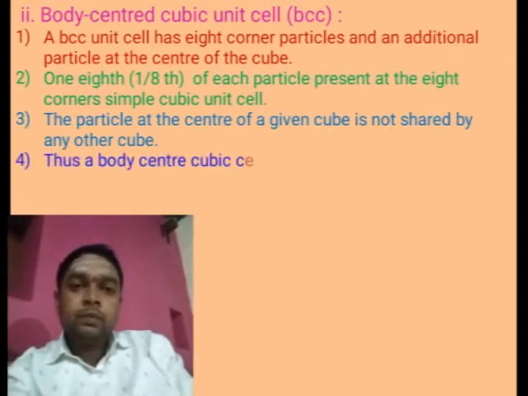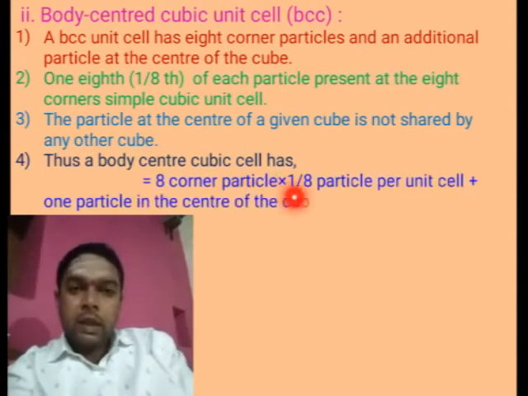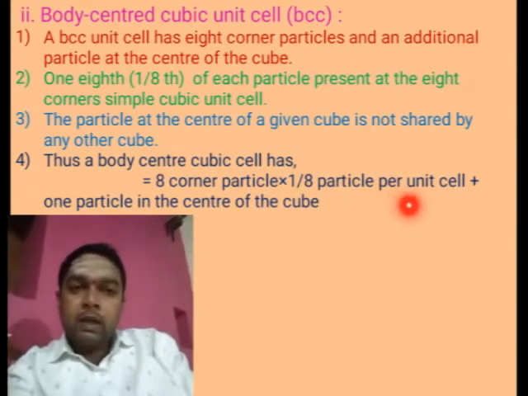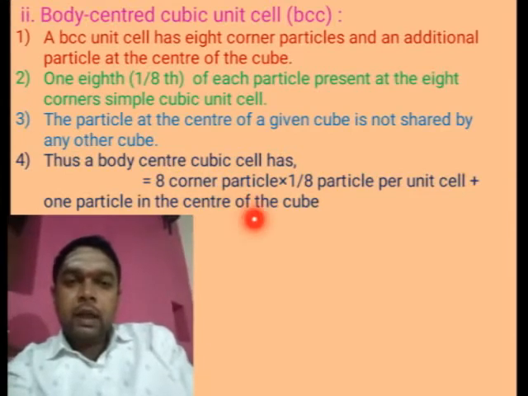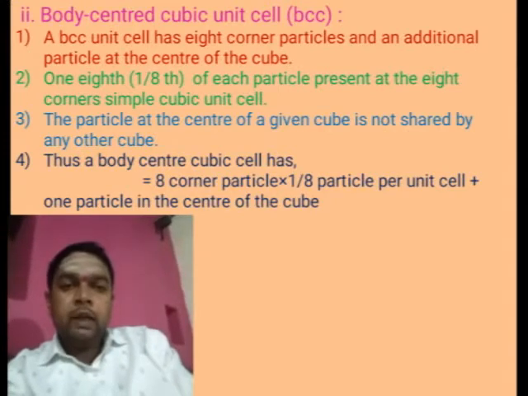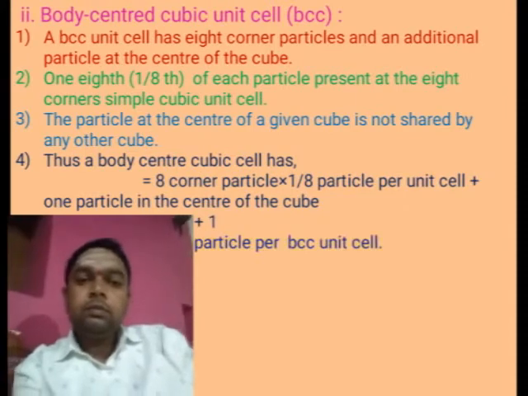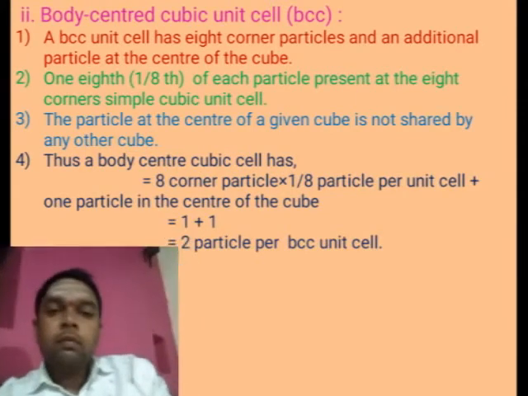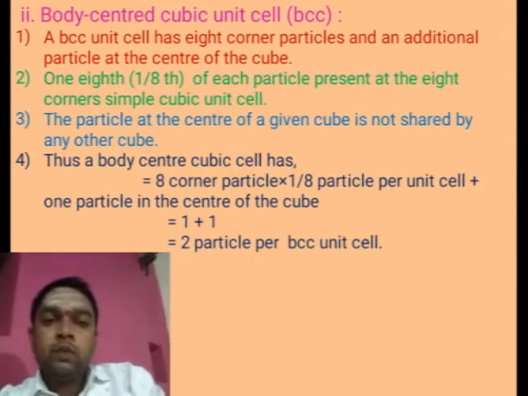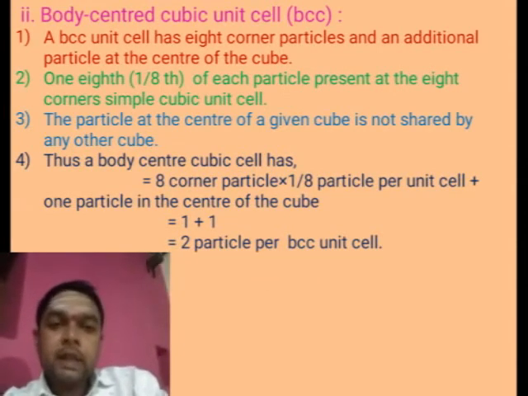Therefore, the body-centered unit cell has 8 corner particles times 1/8 per unit cell, which is 1, plus 1 particle at the center of the cube. 1 plus 1, so there are 2 constituent particles in each unit cell.